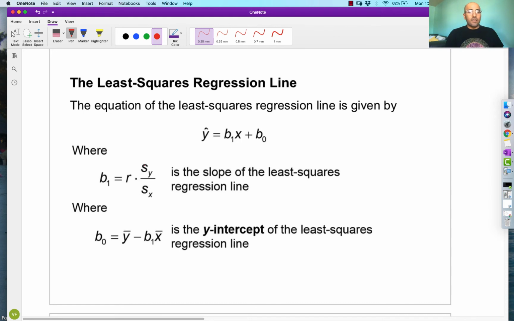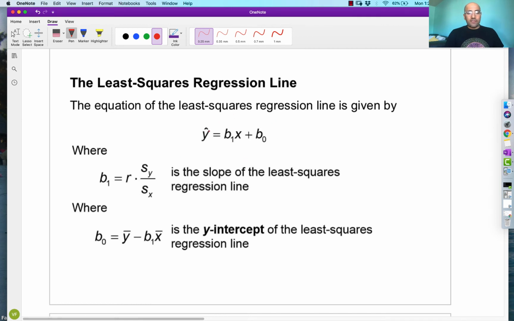You are not responsible for knowing where this formula came from, but you are responsible for knowing how to use it, when to use it, how to calculate it, and how to apply it. So this is what the formula is.